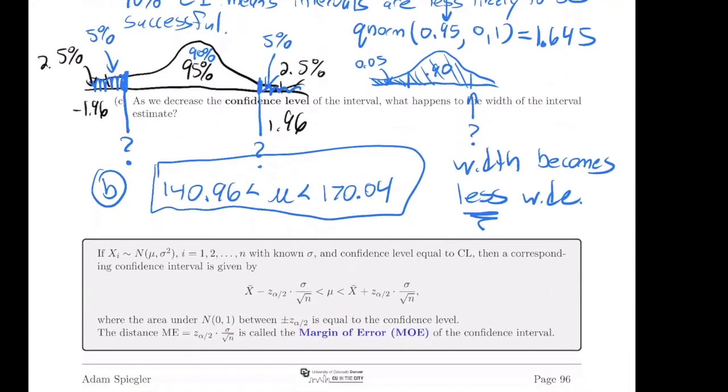So in general, this is the formula that we want to use, where these z alpha over 2s, we've talked about how you can find them. You want to use that qnorm function to figure out what these are, and those depend on the confidence level.